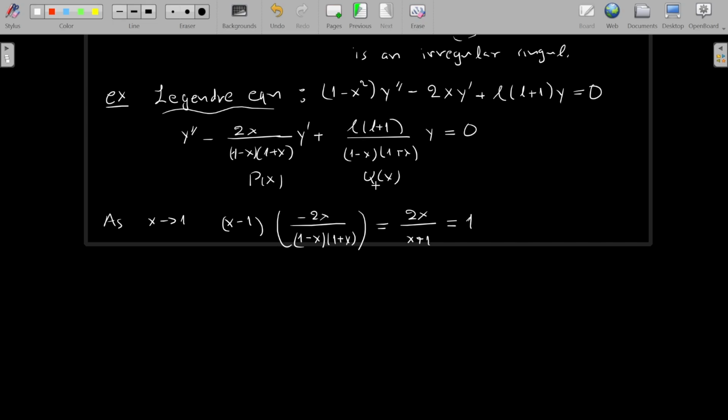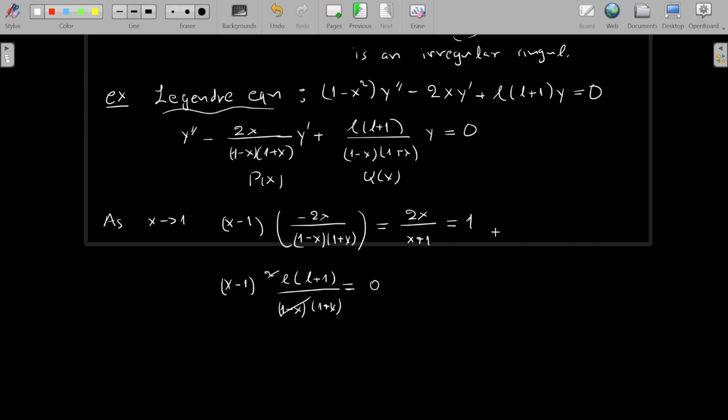So, doing the same for q, x minus 1 squared times L times L plus 1 over 1 minus x times 1 plus x, this and this cancel. What we are left with is L times L plus 1 over 1 plus x, times x minus 1, which is just 0.